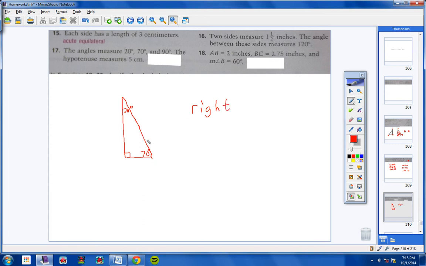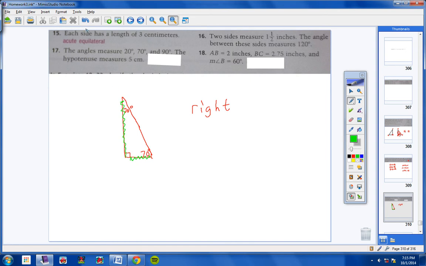And if I ask you to, now be careful on this one, students, listen carefully. If I ask you to classify this triangle based on its sides, the lengths of the sides, you'll have to kind of read in between the lines a little bit and think this through, but there's no way these sides can be the same. For example, there's no way this side here, if this is 20 degrees, is going to be equal to this side over here across from the 70 degrees.